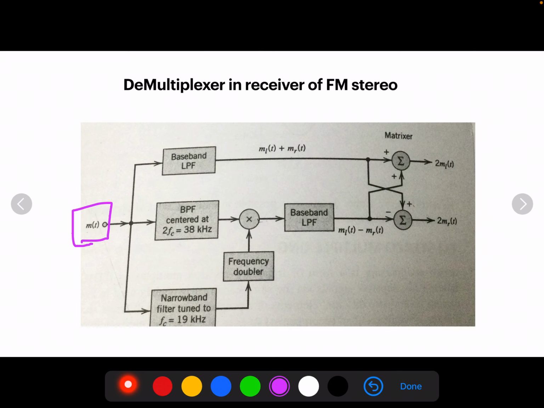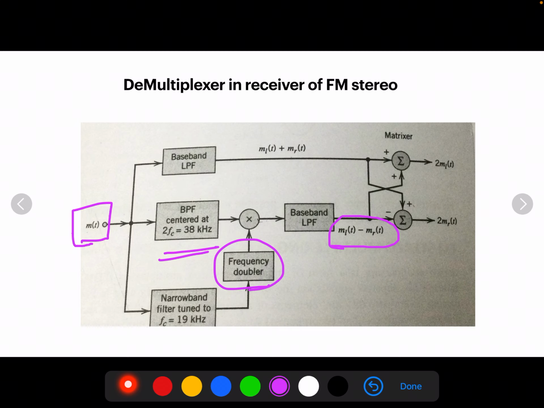The recovered pilot signal is frequency doubled to produce the desired 38 kilohertz carrier frequency. The frequency doubler enables the coherent detection of the DSB-SC modulated wave, thereby recovering the signal M_L(t) minus M_R(t).